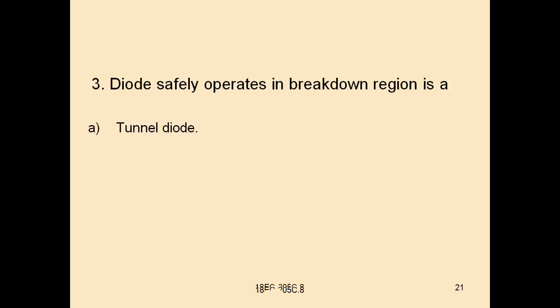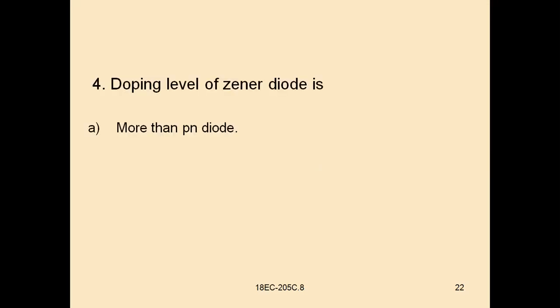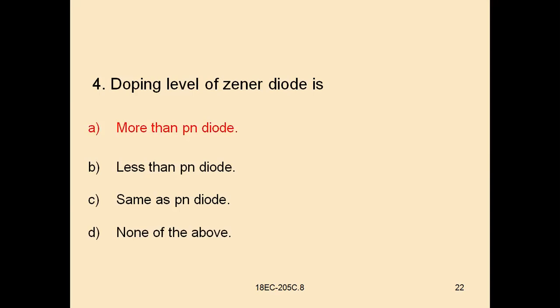The diode which is going to operate safely in the breakdown region is known as the Zener diode. Is the doping level of a Zener diode more than a PN diode, less than a PN diode, or the same as a PN diode? It's more than a PN diode.